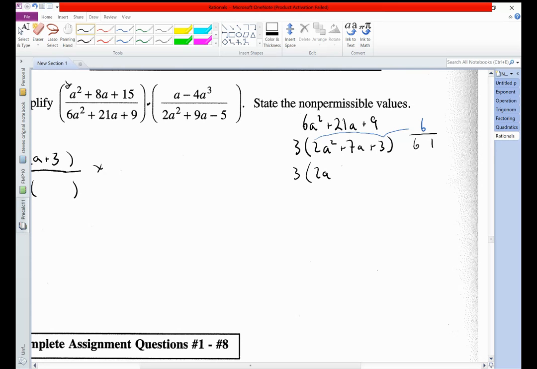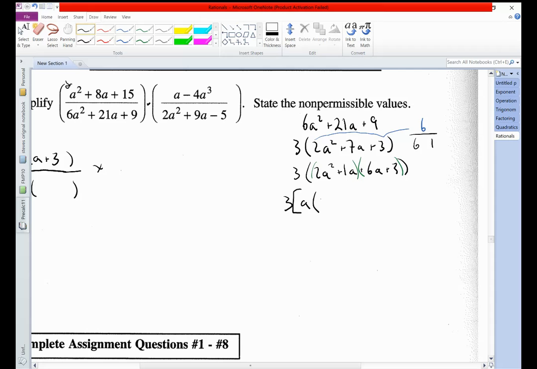So I can split that 7a into 1a plus 6a. And then I can do my factoring by grouping. So let's just use square brackets. So I'm going to factor the first brackets there, and I can pull out an a.